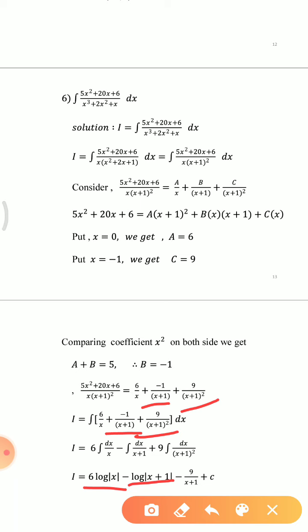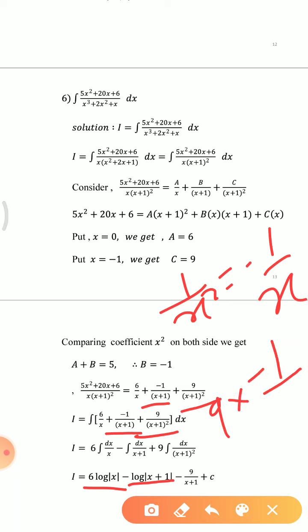Plus 9 times the integral of 1/(x + 1)², and the integral of 1/x² is -1/x, so we get 9 into -1/(x + 1), that is -9/(x + 1), plus C. That means the final answer is 6 log|x| - log|x + 1| - 9/(x + 1) + C.